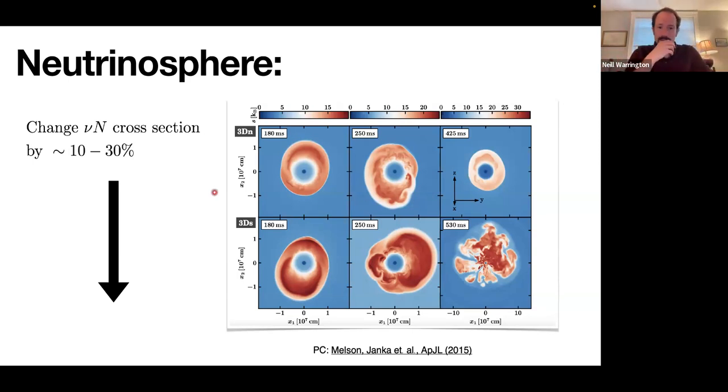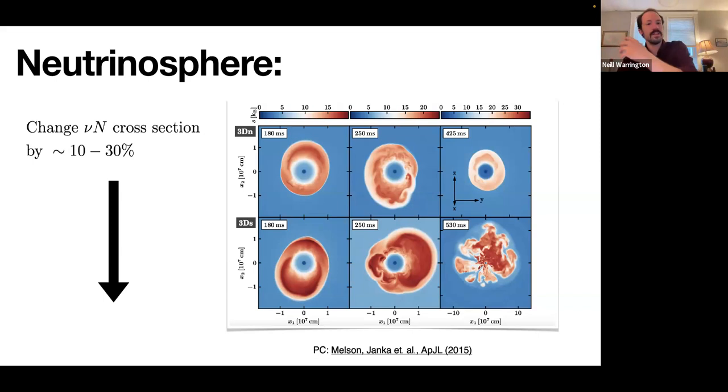What this means is that if you want to understand why supernovas explode, you have to know the physics of the neutrinosphere to 10%, because changes to the properties of this stuff on the order of 10% can fundamentally change the qualitative outcome of a supernova. And this is sort of the main motivation of these lectures I'm giving you. Understanding the nuclear physics of the neutrinosphere is important.